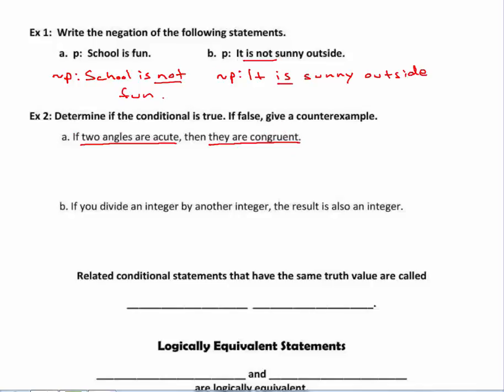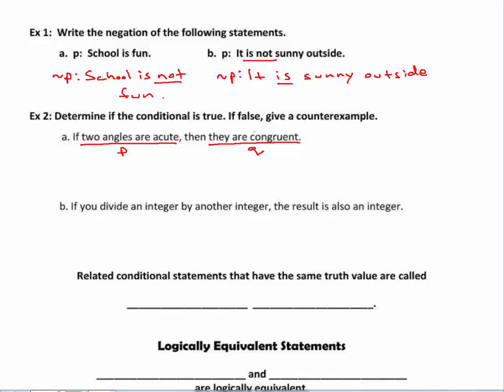So if two angles are acute. By true, we mean, could two angles be acute? Is that a possibility? And yes, that's definitely a possibility. So our hypothesis P and our conclusion Q, our hypothesis P is true. Two angles are acute. That's fine. Then they are congruent.